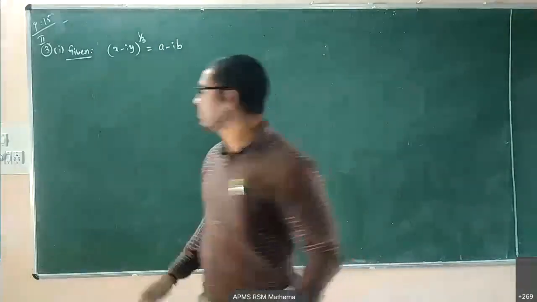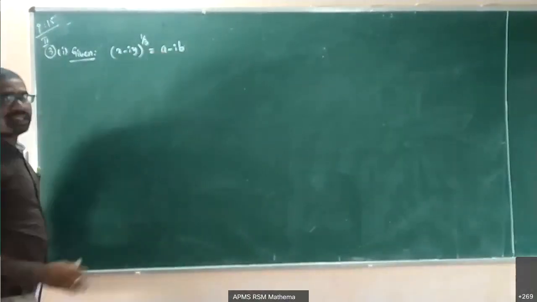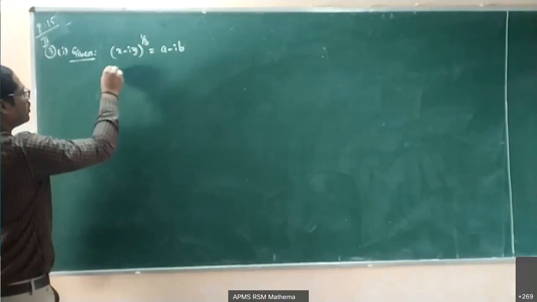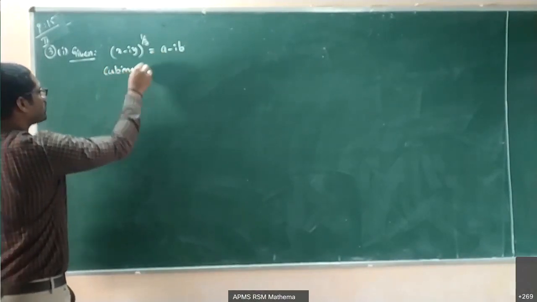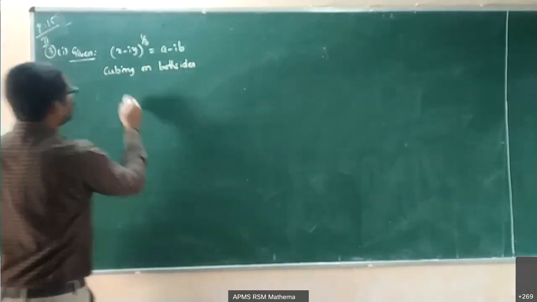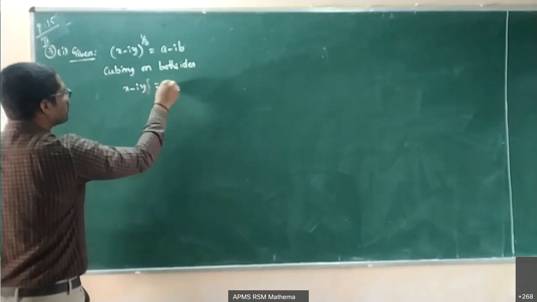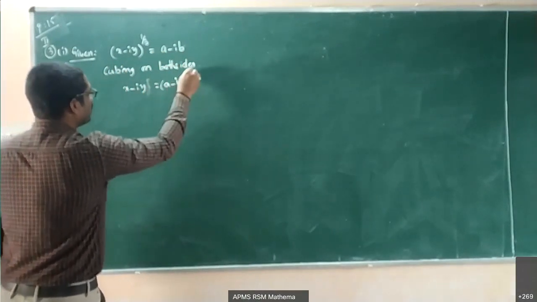To find that, first we cube the given condition on both sides. So cubing on both sides, you get x minus iy is equal to (a minus ib) whole cube.